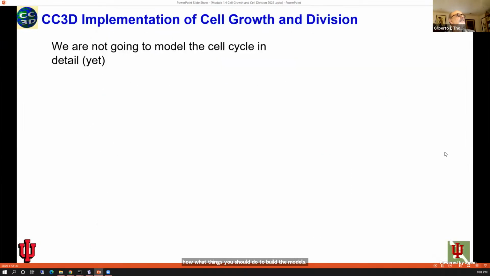Again, let's start not from the very beginning, but since James has presented the lecture today about the modeling, that first slide of yesterday, when I introduced the problem of cell growth and cell division, talking about the cell cycle and what metabolic routes the cell has to follow to enter an event of division and proliferation. I will go directly to the implementation of the cell growth and division in CompuCell3D.